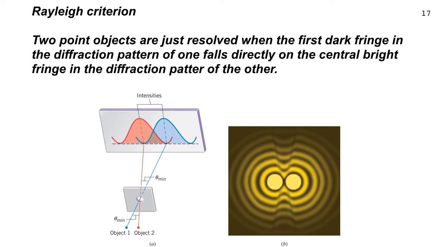And when the distance apart, that's this angle theta here, is enough so that the first dip, the first dark fringe in the blue image, is where the central bright fringe is for the red image, and when that happens, you can tell them apart. Any closer than that, you can't really say that you're separating them. Okay, that's the Rayleigh Criterion.